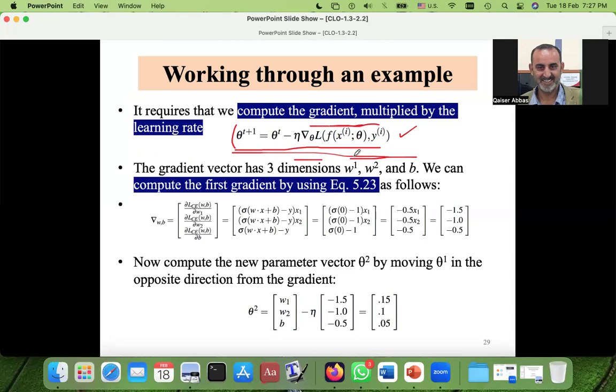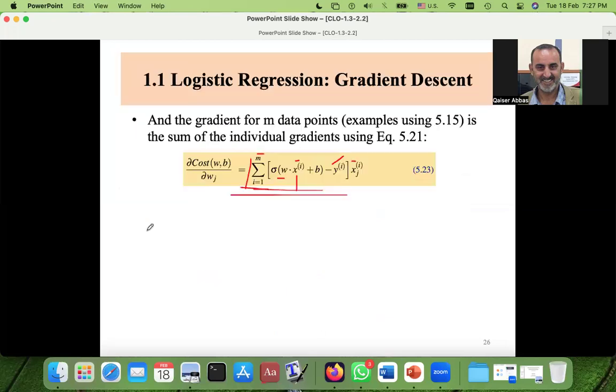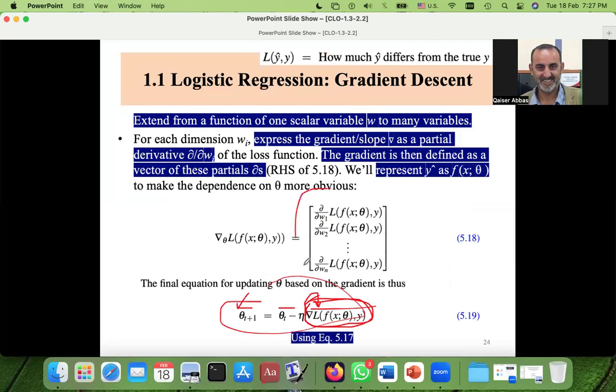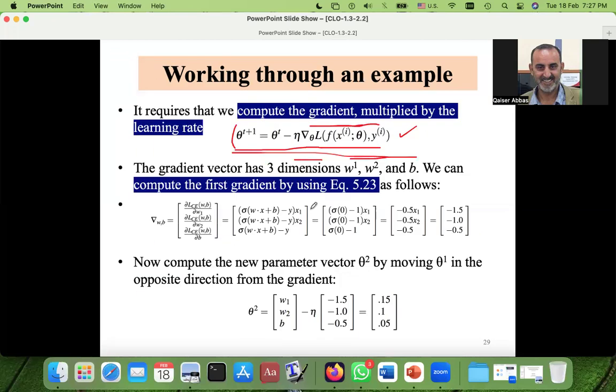W1, W2, and B. Then I am going to use equation 5.8, which is the closed form, while this is the open form, to find the gradient of this loss. The gradient of these weights would be the partial of the cross entropy loss over partial W1, partial W2, and partial B.